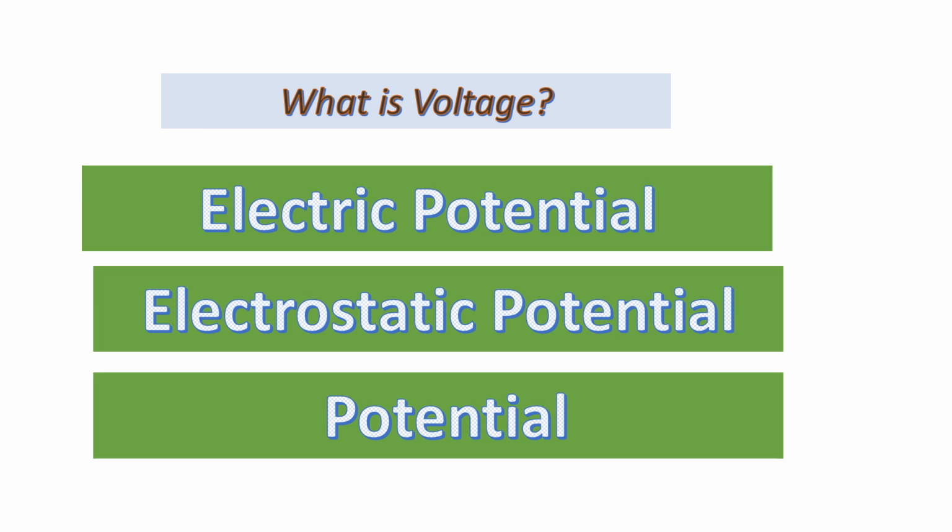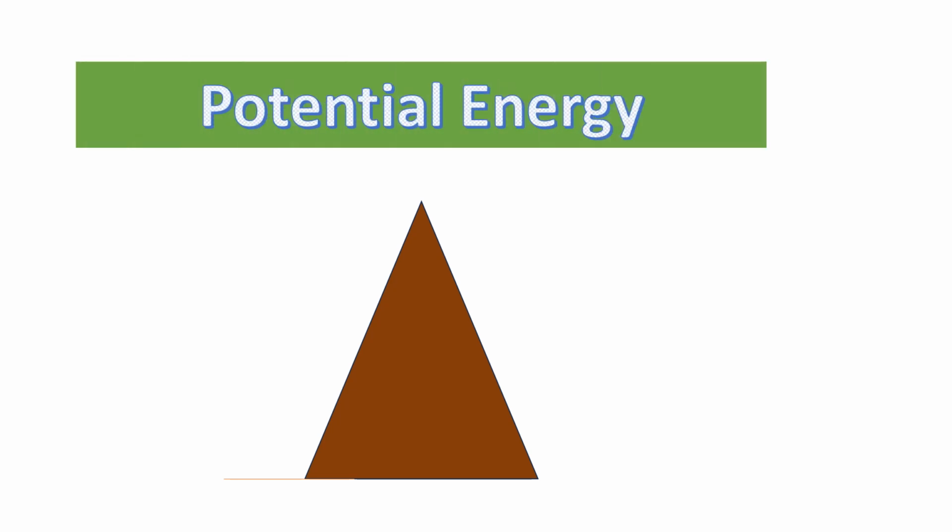Now, the word potential is quite familiar. Remember potential energy? If there is a hill and a ball is on the ground, it has zero potential energy. That is very low potential. And if there is another ball elevated to the top of the hill, then it has a high potential. It gains potential energy when it reaches a height.